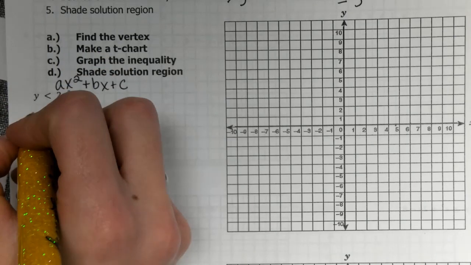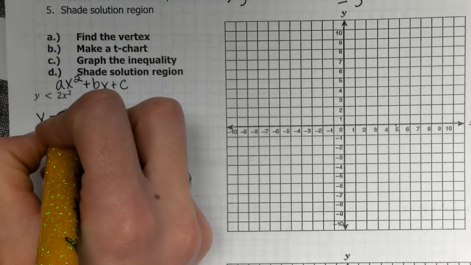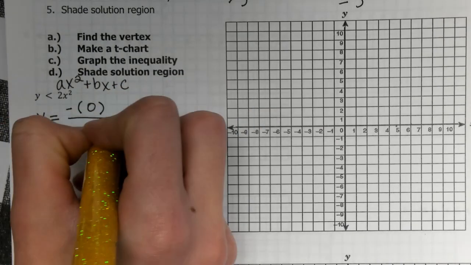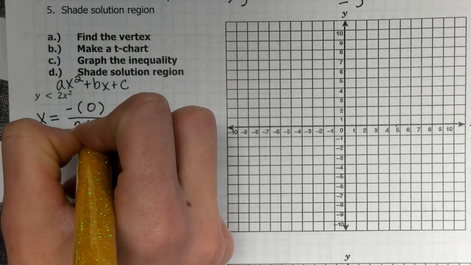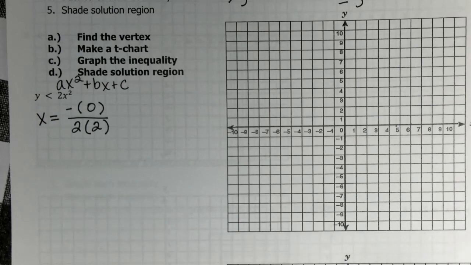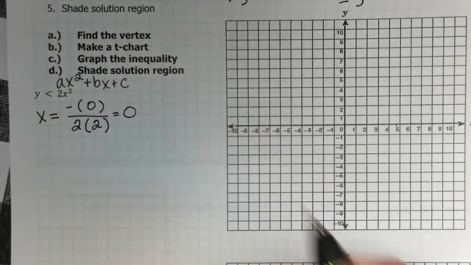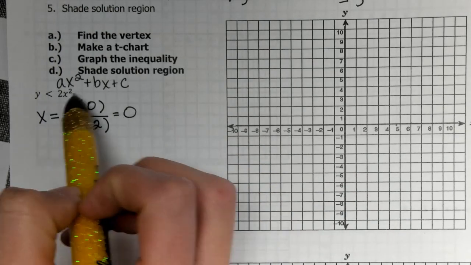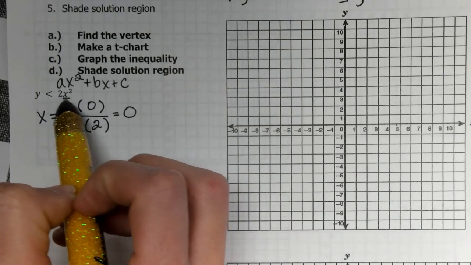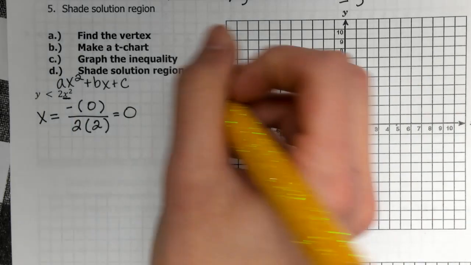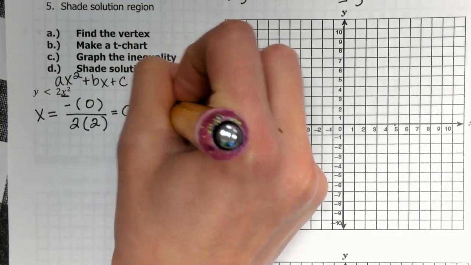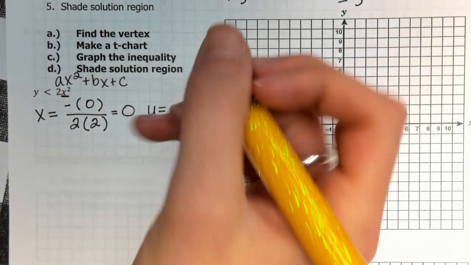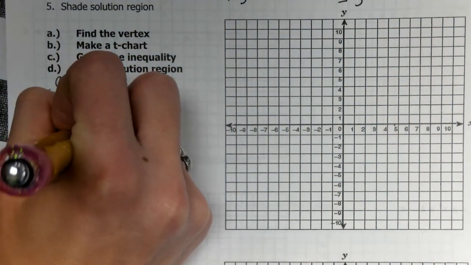But if not, you can go through the formula x equals negative, I don't have a b, so that's going to be 0, all over 2 times 2. Well, that's just going to give me 0. Okay? Now, when I take 0 for my x and plug it in, this is just going to be 0, so my y will be equal to 0 also. Okay, so my vertex is at 0, 0.